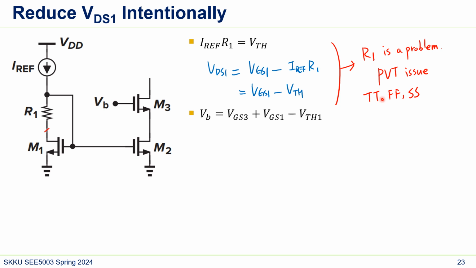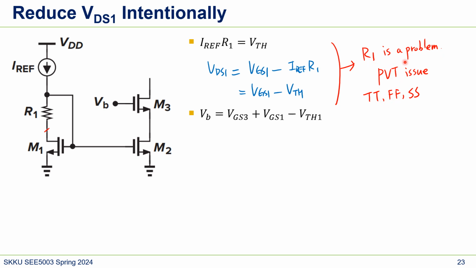Resistor has a T corner, F corner, S corner, so their values are different. In the TSMC library, the variation of resistor is like 30%, worst case. And the resistance also changes over temperature.